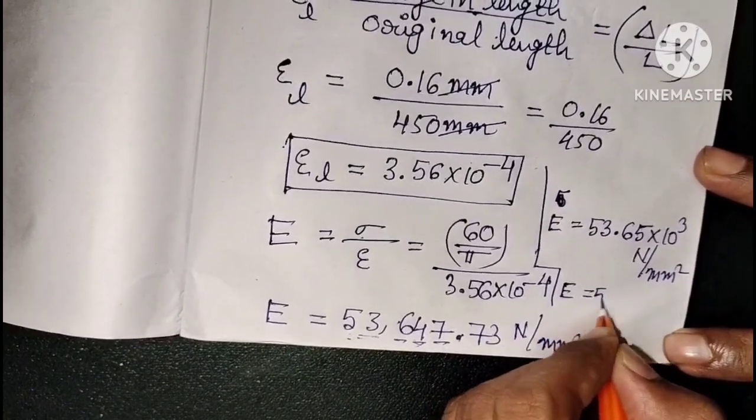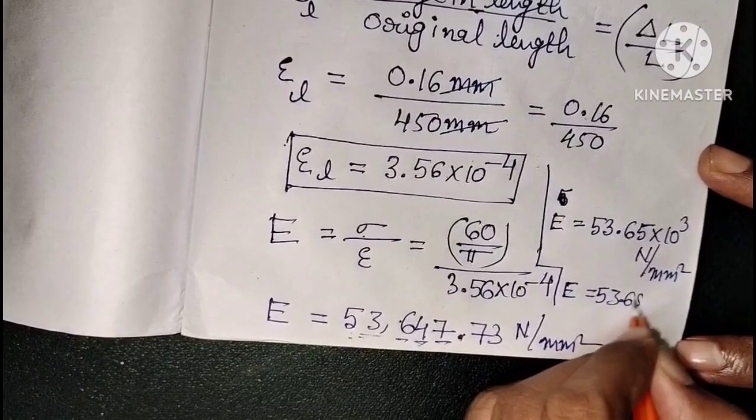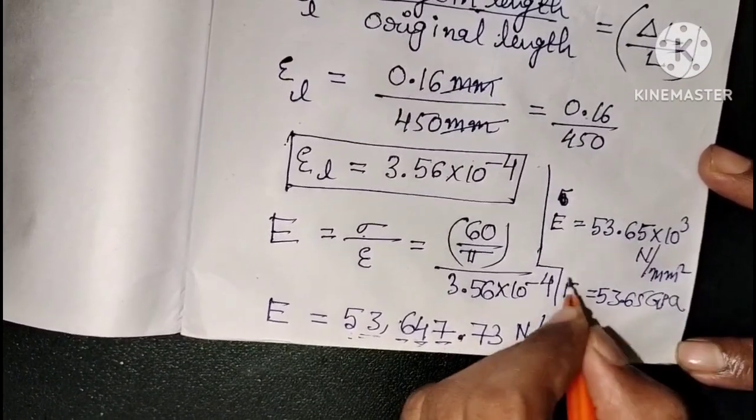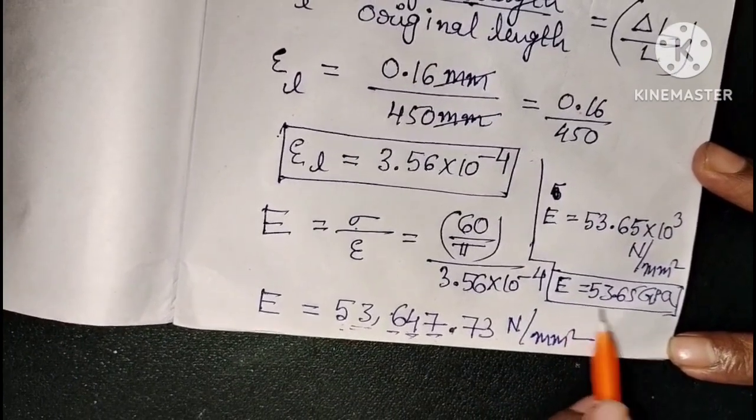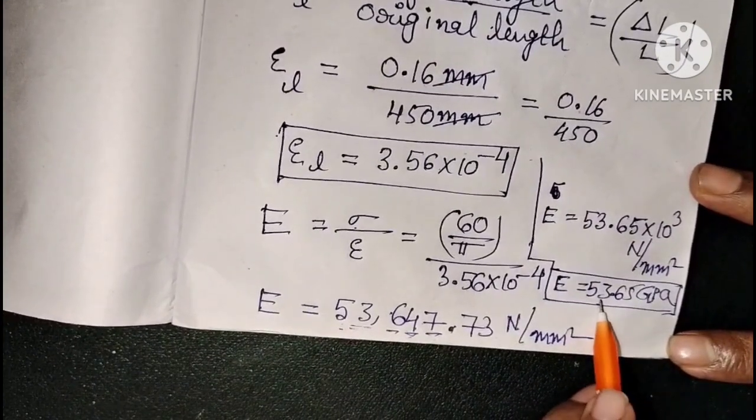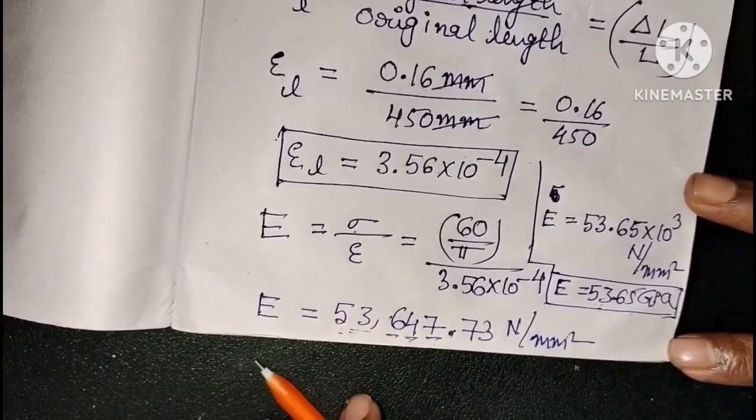So E is equal to 53.65 gigapascals. This is the Young's modulus of the given rod.